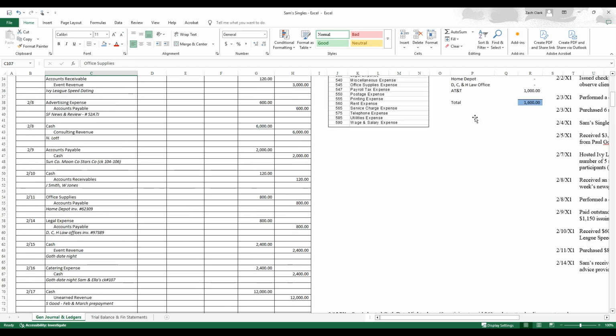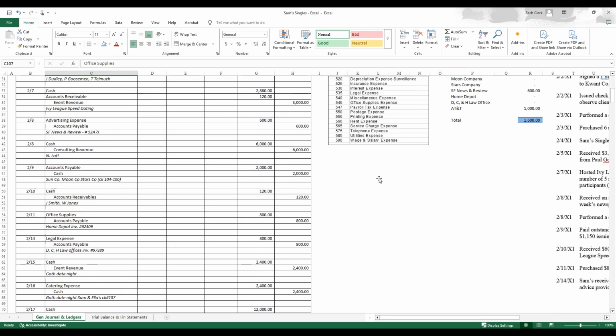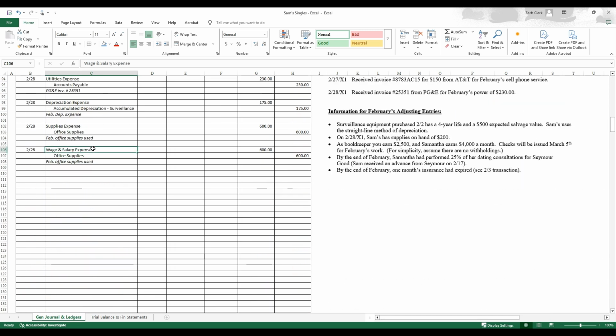And let's look at what the account is for our payable. Wages and salaries payable. Makes sense. And it was a total of 2,500 plus 4,000.